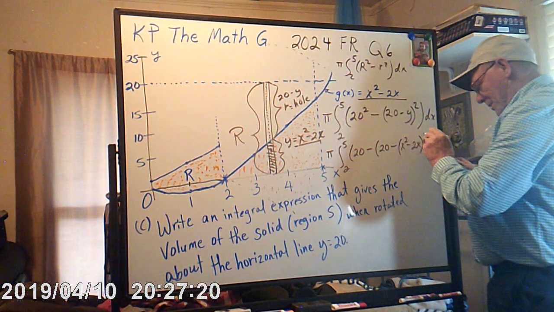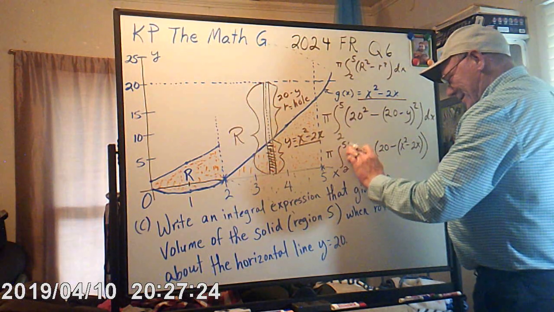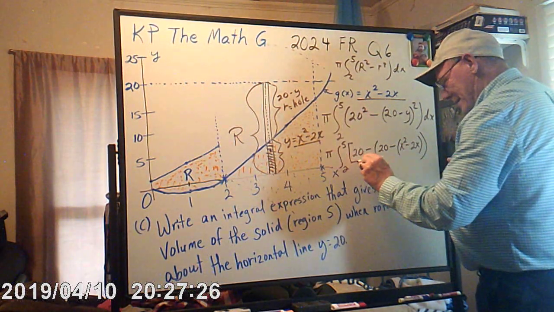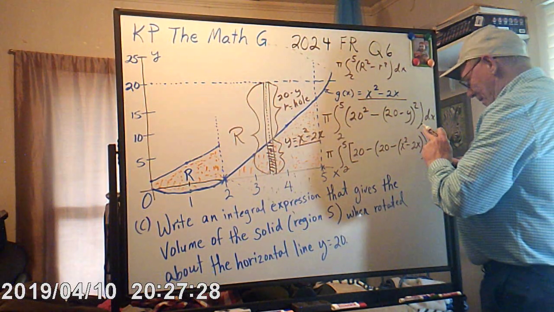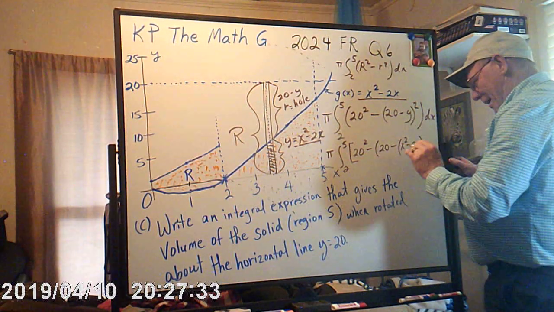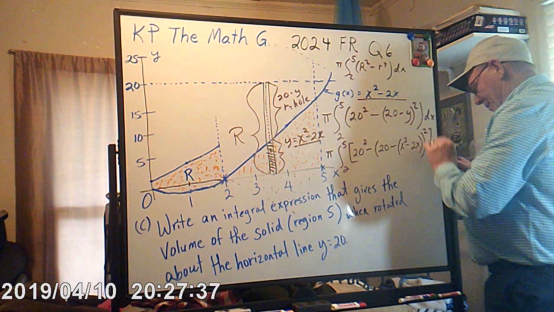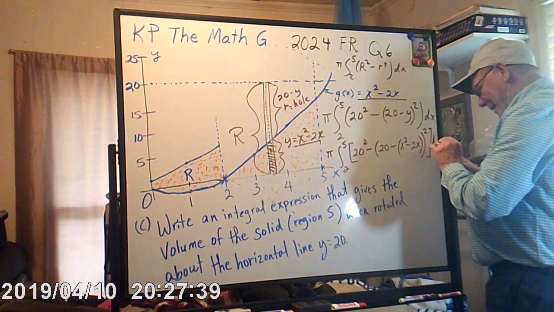Now close this parentheses, and then close this. We'll just make this a bracket. And actually we do need to square all of this, and then close it, and then slide a dx right there.